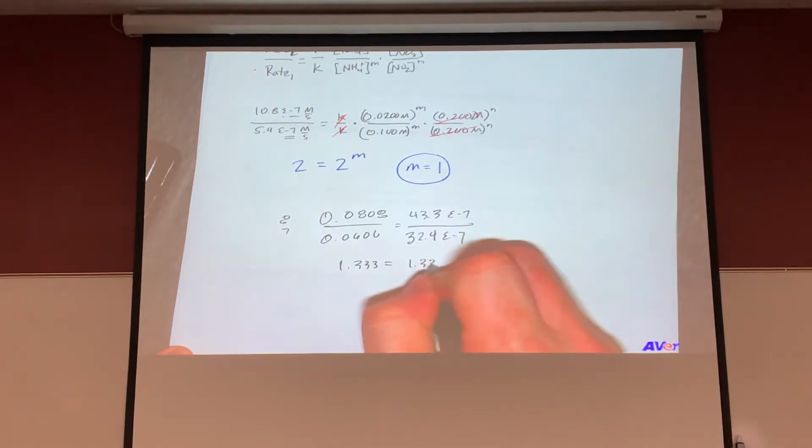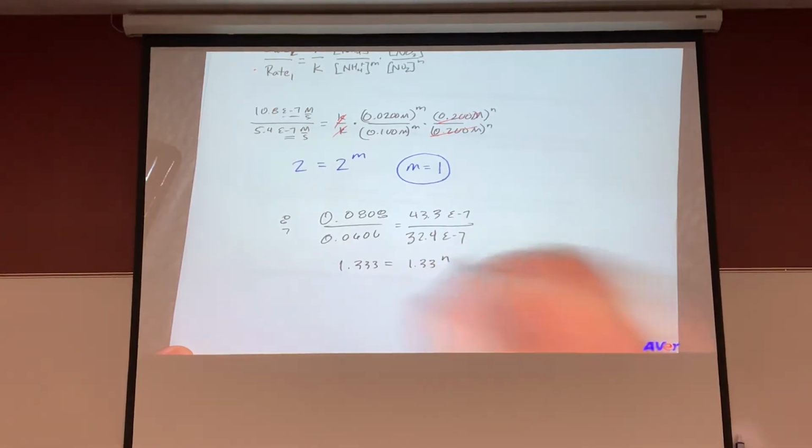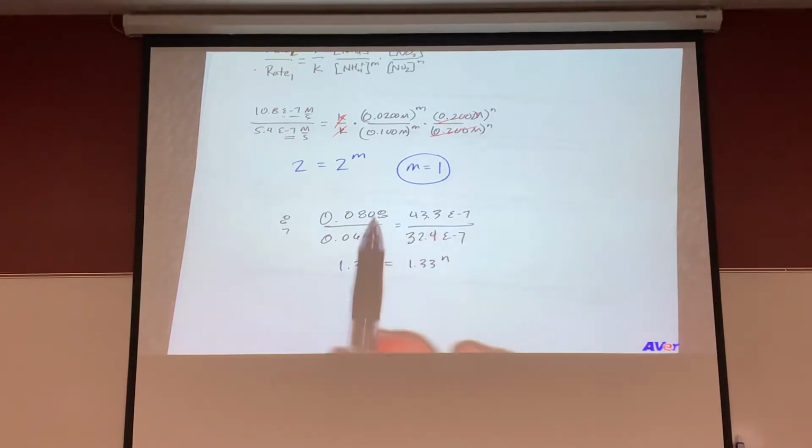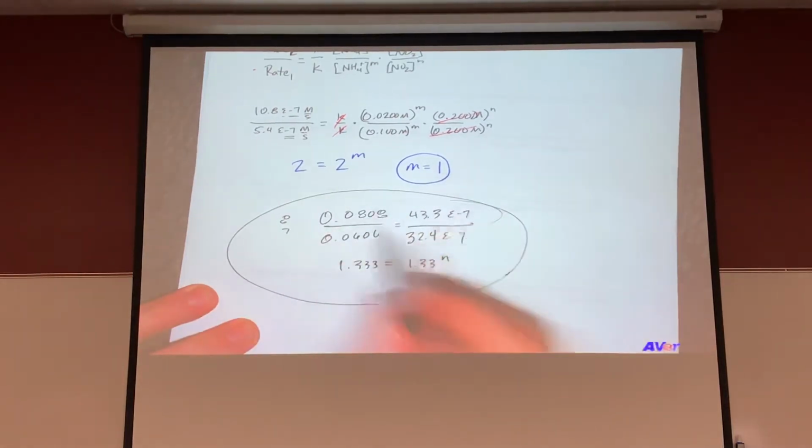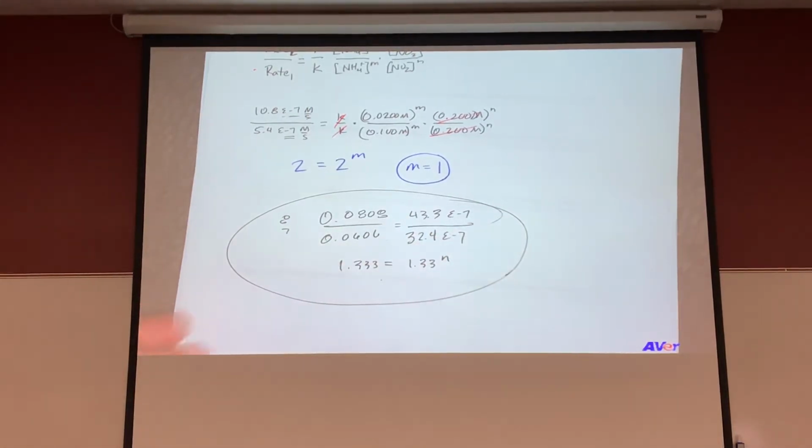So you end up with that. This is why I say it's not as easy to see if you're looking at 7 and 8, because you'd have to know how to divide this and give 1.3 and divide that and give 1.3. But if you set it up like this, you can easily see what the value for n has to be: 1. That's why I say the method will work regardless of what data you've got.